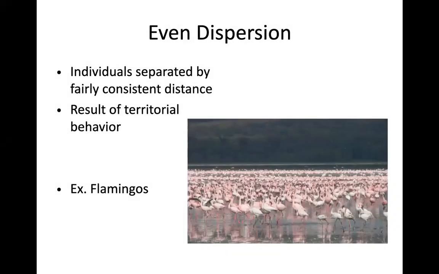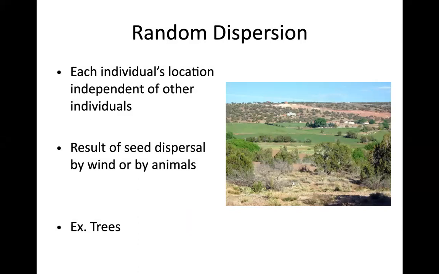Even distribution, another example is flamingos. This is also a result of social behavior, but instead of being safety in numbers, this is more about territory. It's territorial behavior. And finally, random distribution is completely independent of other individuals.